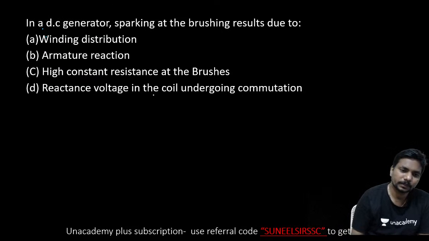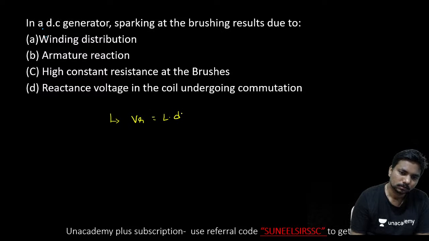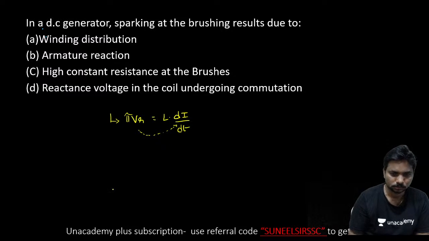From all the previous questions, we have discussed that whenever we have high inductance, we get high reactance voltage. If the reactance voltage is high, it opposes the change in current.